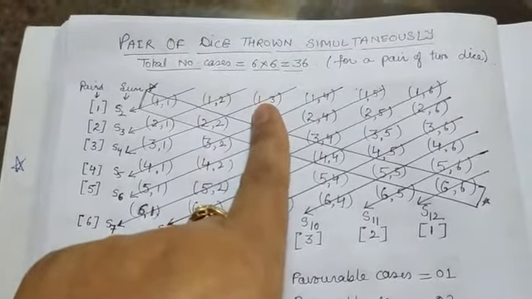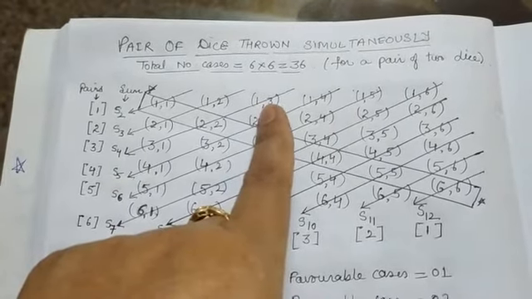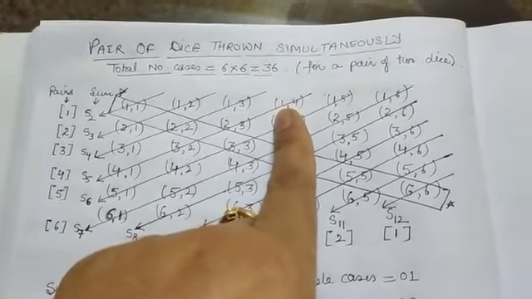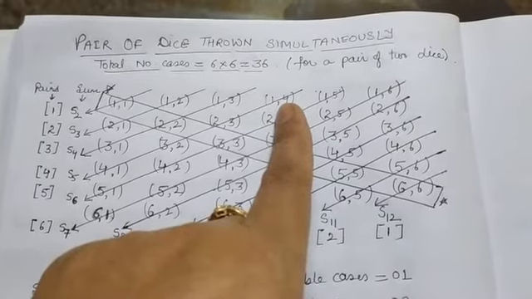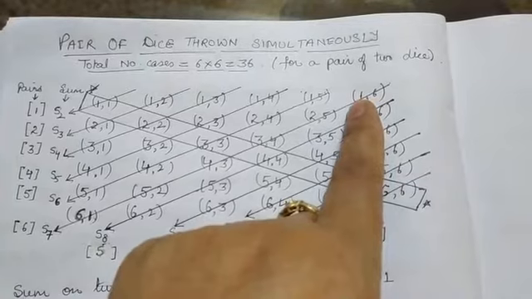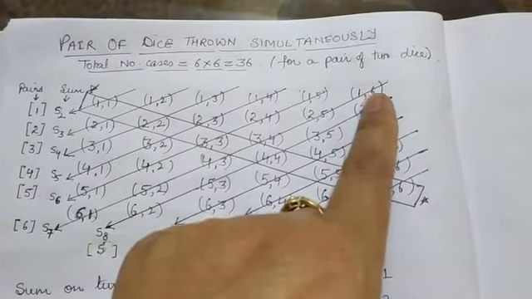The third case is when face 1 is up on the first dice, whereas face 3 is up on the second dice. The fourth case is when face 1 is up on the first die and face 4 is up on the second dice, and so on. The last case is when face 1 is up on the first dice, whereas face 6 is up on the second dice.